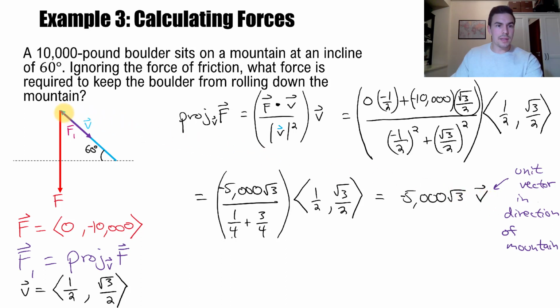So that just tells me that this force is going in the direction of the mountain. So the magnitude of this force is actually what we have here. All right, so this really is our force F1. That's the magnitude of our force F1, kind of.